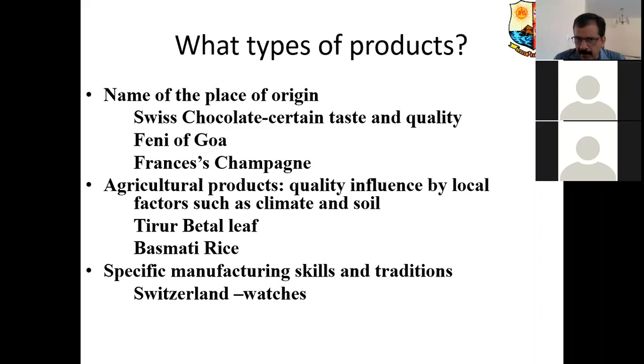Swiss chocolates, what we call. They have a particular standard taste and quality. They have to maintain that taste and quality, then only they can be named with a GI tag, as Swiss chocolates.